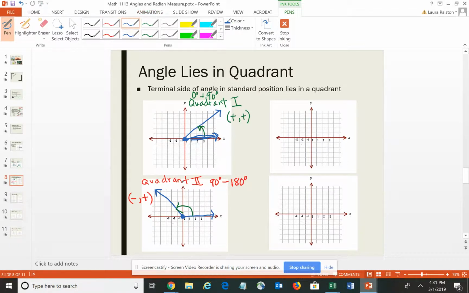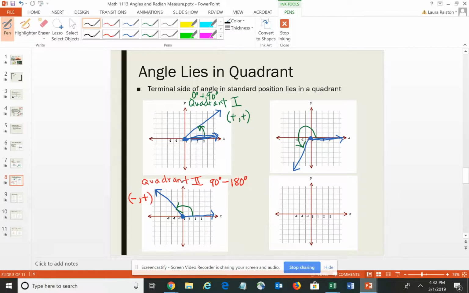Third, vertex on the origin, initial side on the positive x-axis. I'm going to rotate counterclockwise again so that my angle measure is positive, but it could also be negative. It doesn't make a difference, because what I'm focusing on is the quadrant in which that terminal side lies.